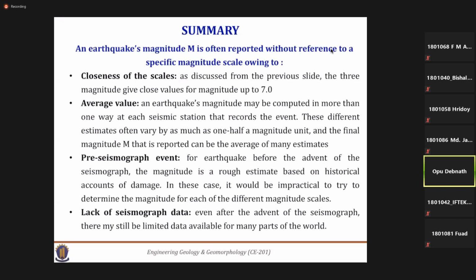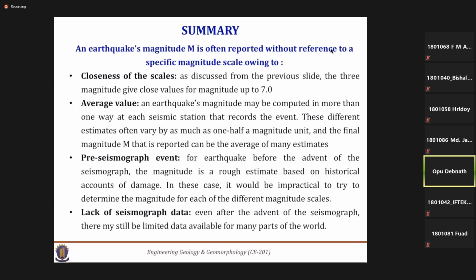And sometimes also, in many countries and most parts of the earth, seismograph stations may not be installed.